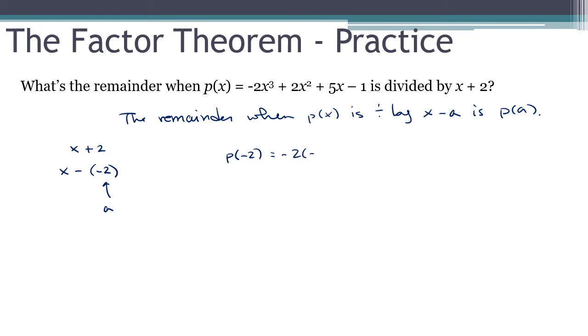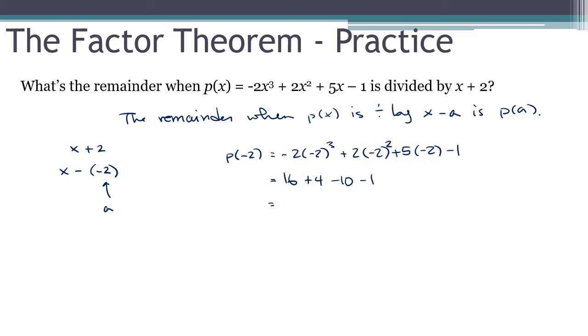That's negative 2 times negative 2 to the third plus 2 times negative 2 squared plus 5 times negative 2 minus 1. Let's see, this first term, that's plus 16, minus 8, minus 2. Whoops, I lost an exponent there. This was squared, which means that should be plus 8. And you see, now I have to double check.